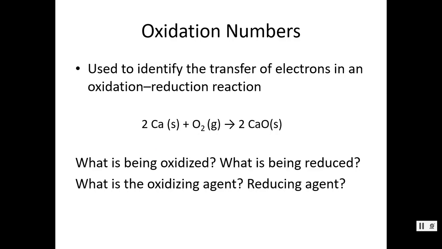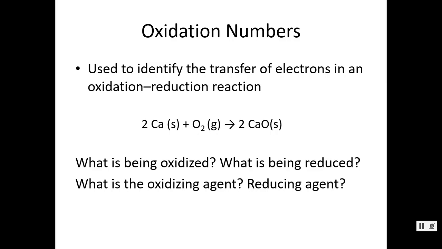So to determine this in a chemical equation, if you are not given charges, you need to fall back on some oxidation number rules to assign oxidation numbers to species in a chemical equation. And these rules, yes, you will have to memorize, but thankfully many of them are similar to monoatomic ion charges that we learned in Unit 1.